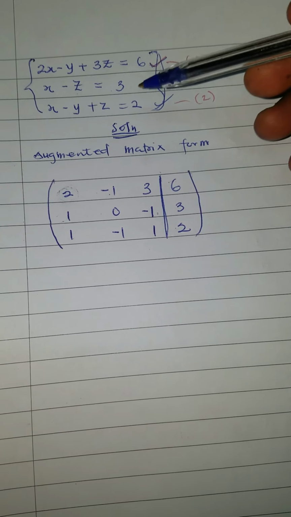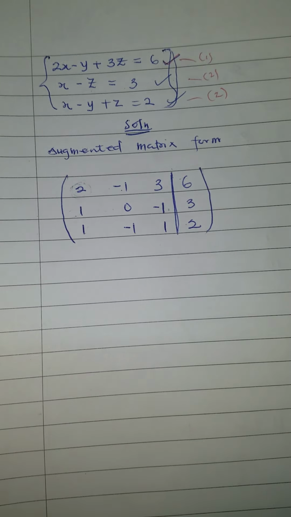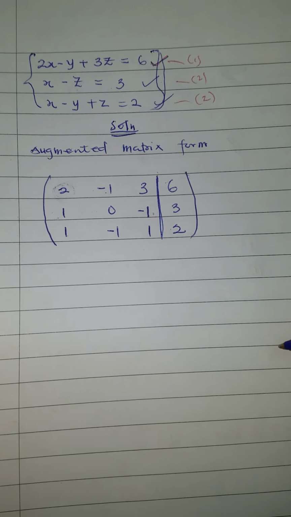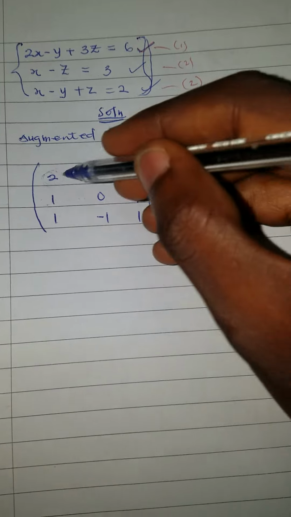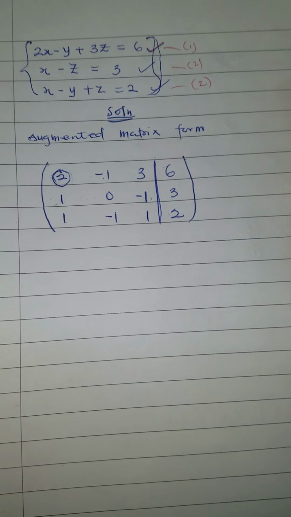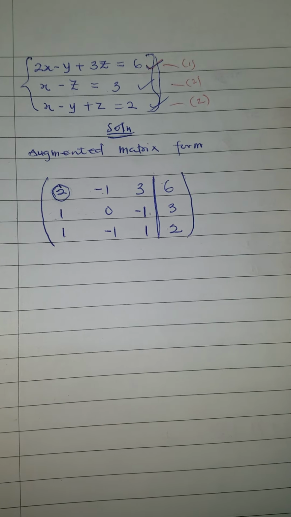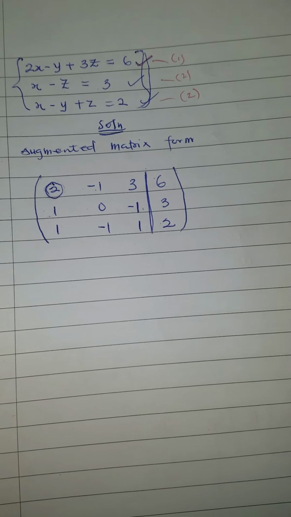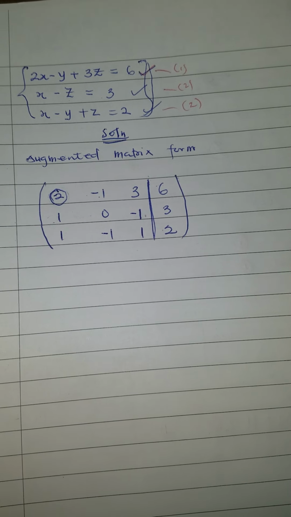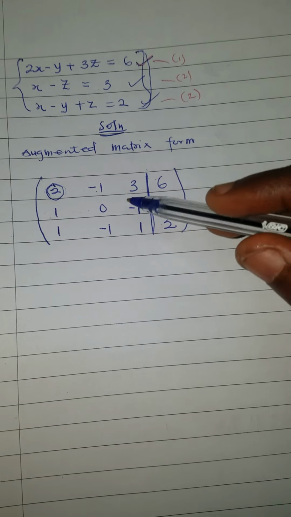Now, when you are tackling this form of operation, you always make sure the first value here, which is 2, should be 1. One thing I don't want you to encourage in your solutions when using the echelon row operations method is fractions.